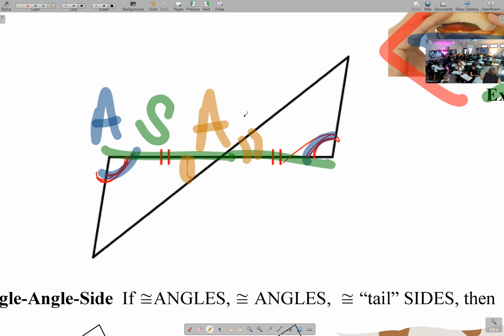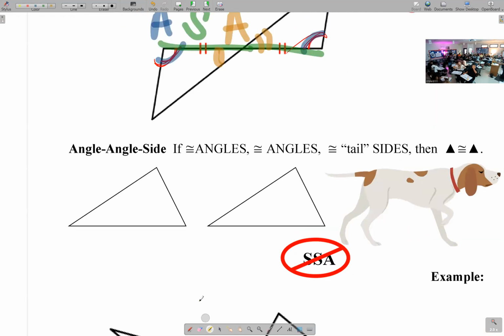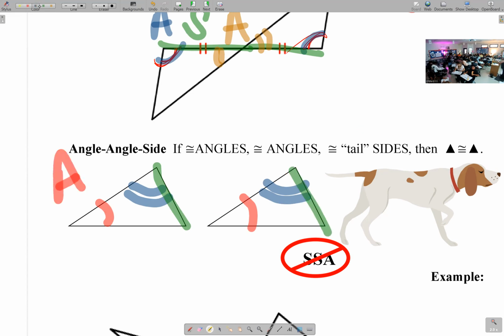All right, last one, friends. Then we'll do a couple problems together. All right, this one is angle, angle, then a side. Pair of angles, another pair of angles, then a side.